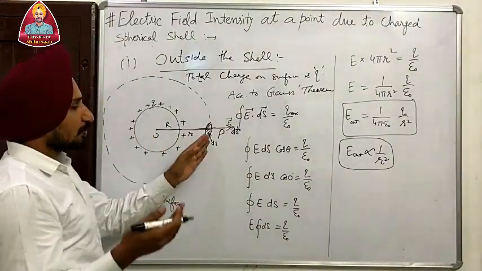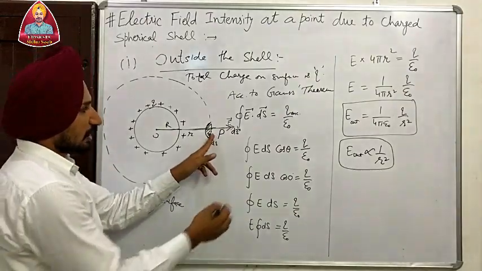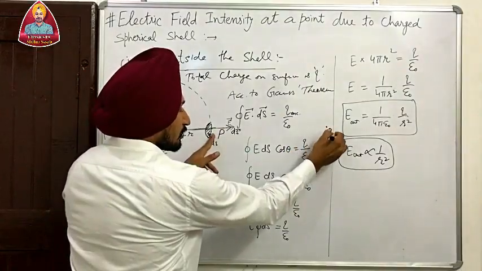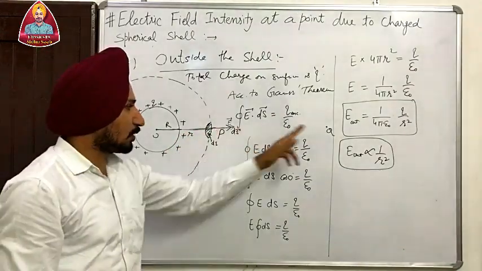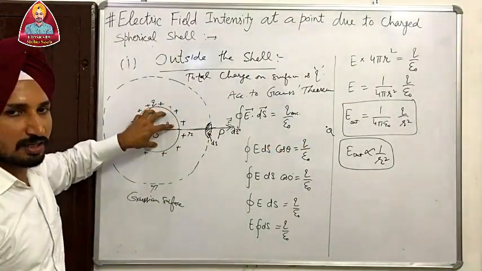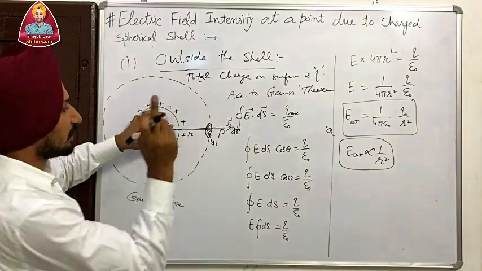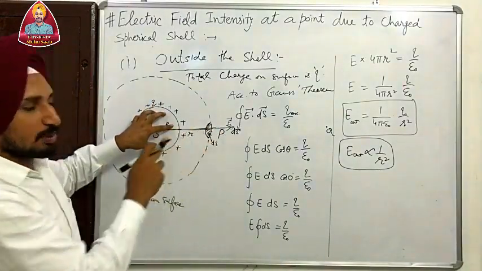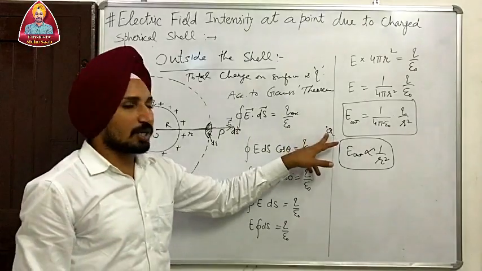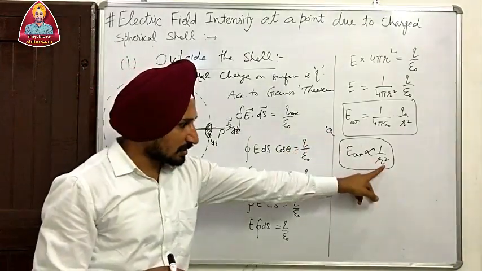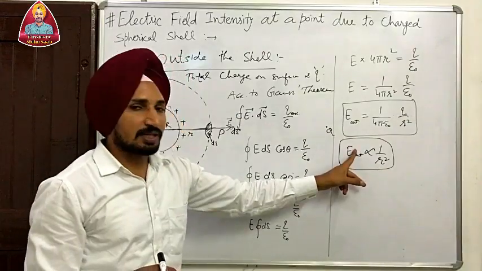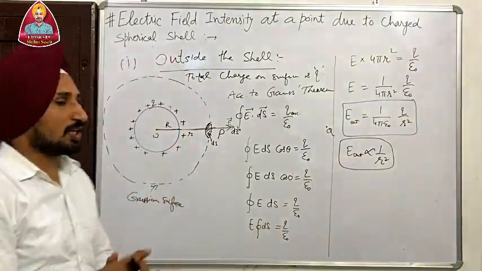If we compare the 2 points, P here and Q here, we will conclude that the electric field intensity at point P will be more than at point Q, because its distance is smaller. If distance is greater, then electric field intensity will be smaller at that point.